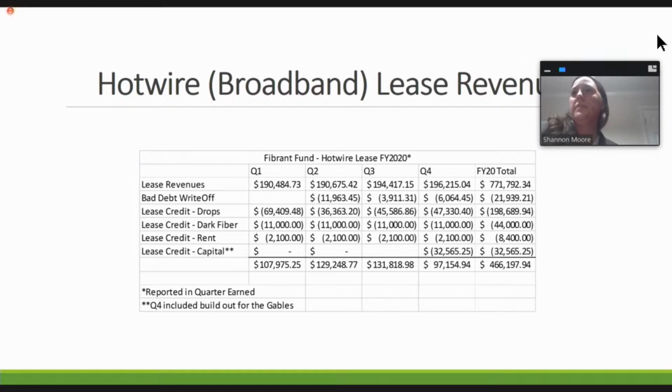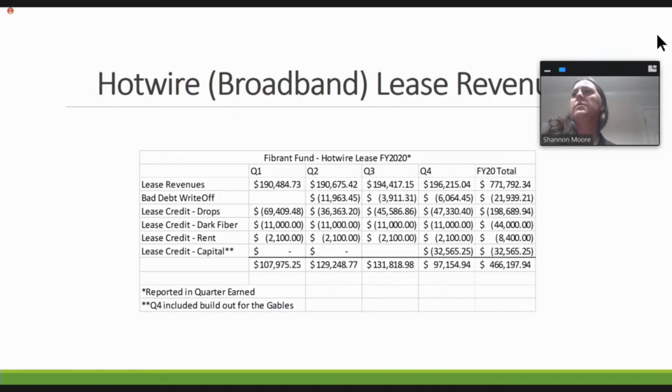So on a full year basis for this past fiscal year, our lease revenues generated around $771,000. We did have bad debt write-offs, and then they have their drop credits, their dark fiber credits, their rent credits, and then the 4th quarter capital, this $32,000 figure, was for a portion of the build out for the Gables.